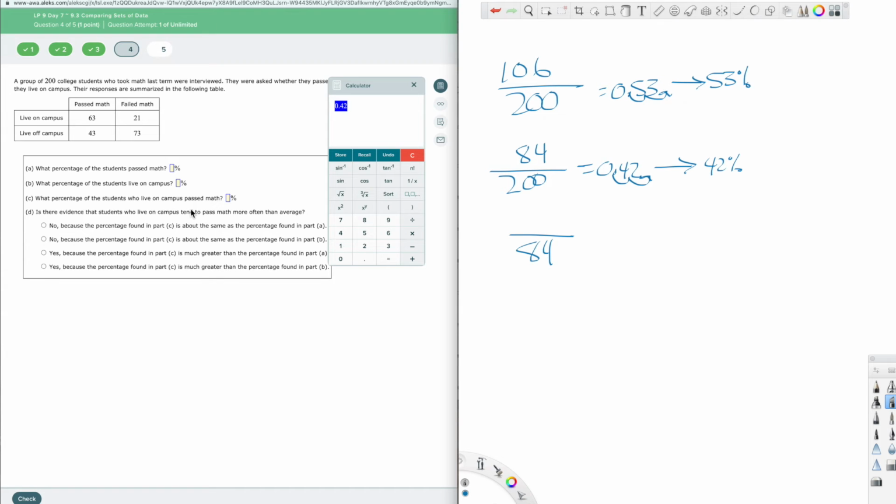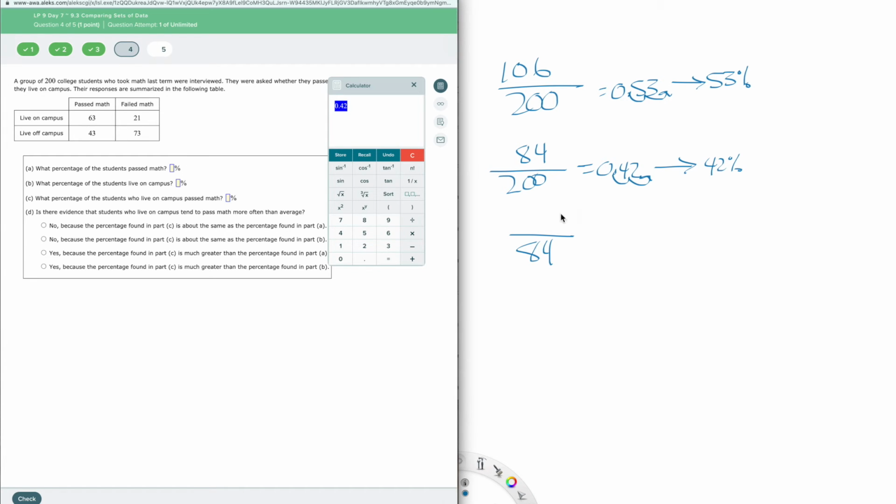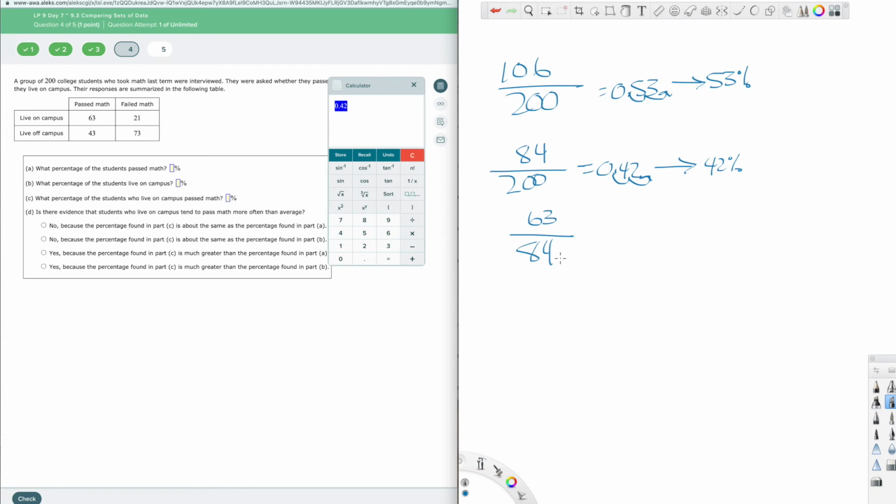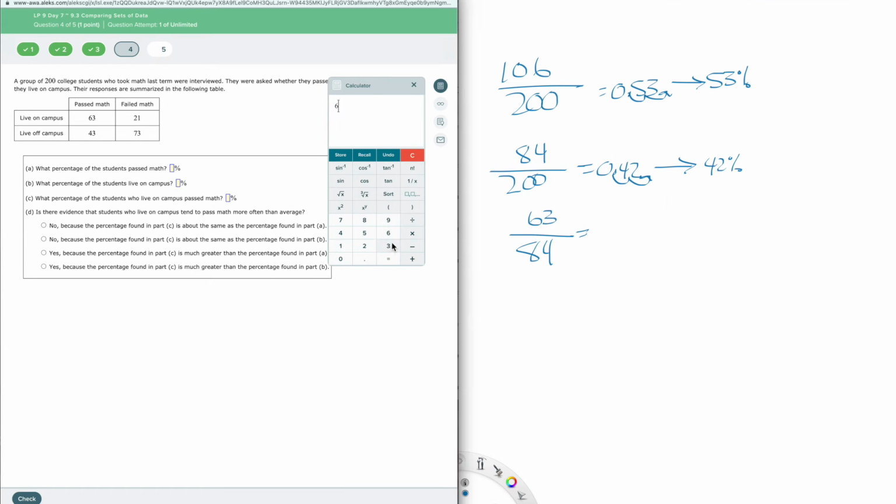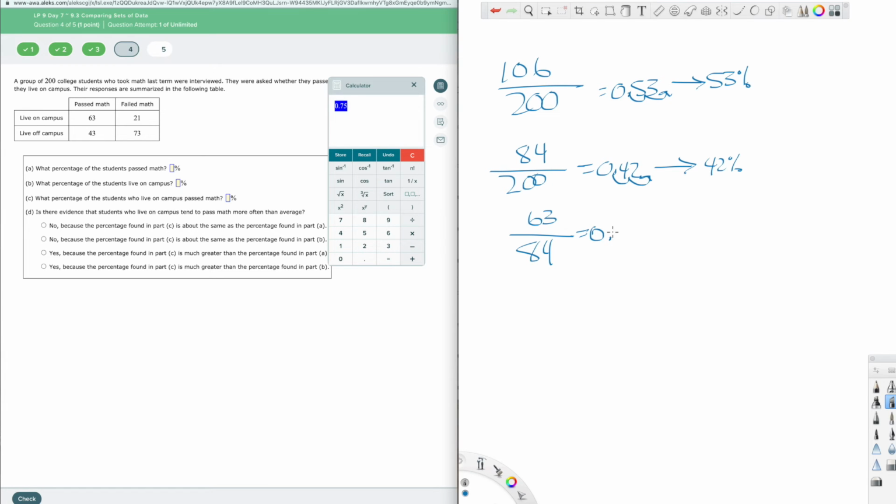I'm only talking about the 84 who lived on campus and what percentage of them passed math. So that was 63 out of 84, sorry, not percent. We need to divide for the percentage. So 63 divided by 84 gives us 0.75, so we're going to have 75%. All right, so let's go ahead and type these guys in.